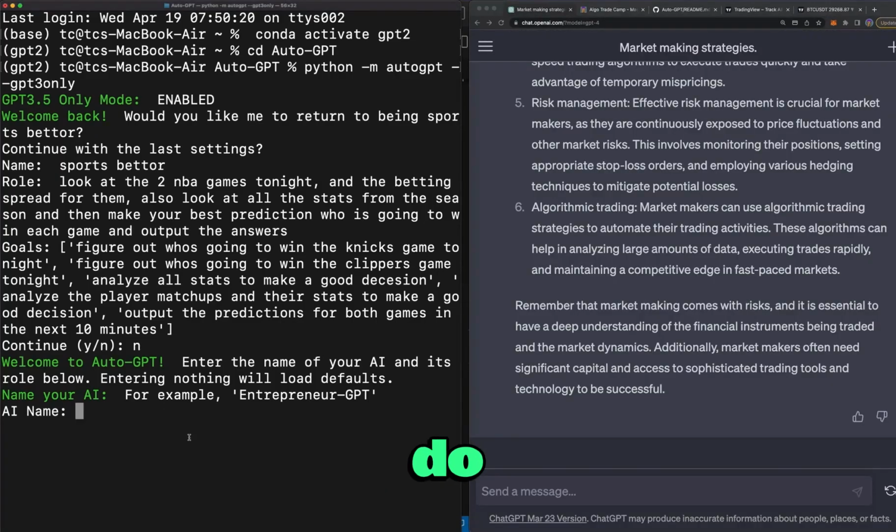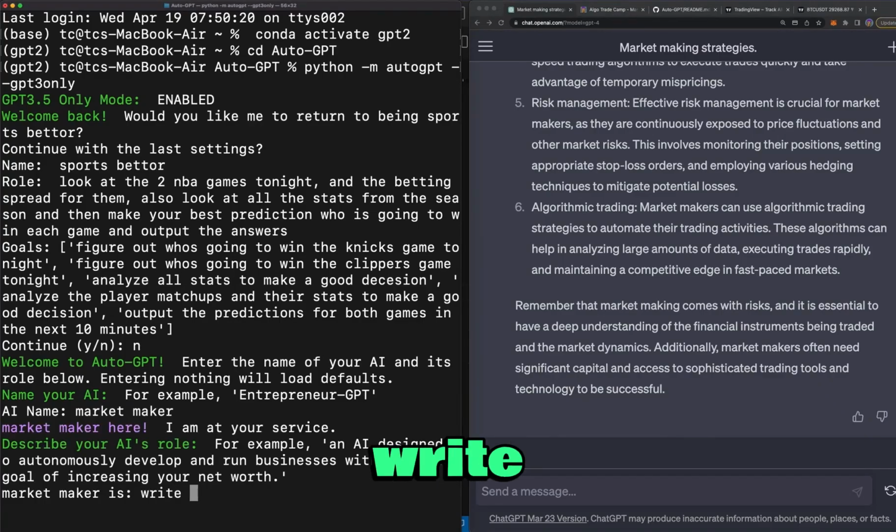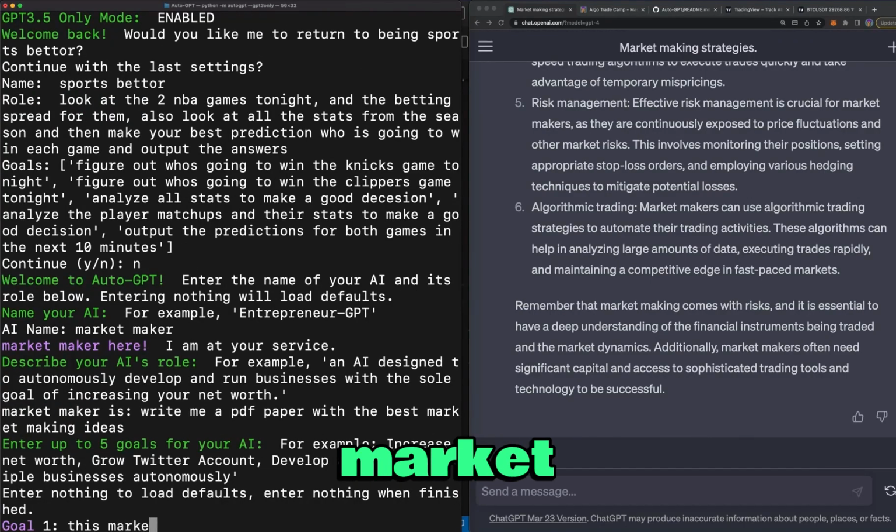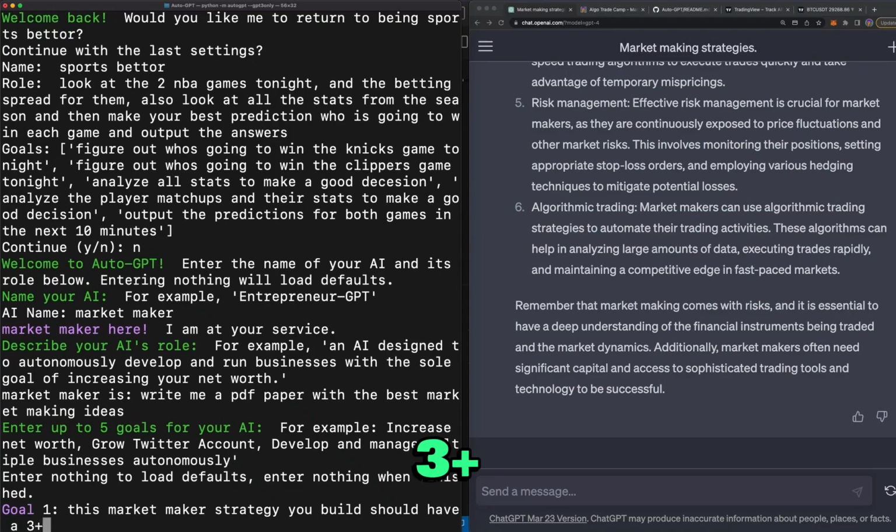So what we want to do is market maker, and write me a PDF paper with the best market making ideas. And then we'll say this market maker strategy you build should have a 3+ Sharpe.